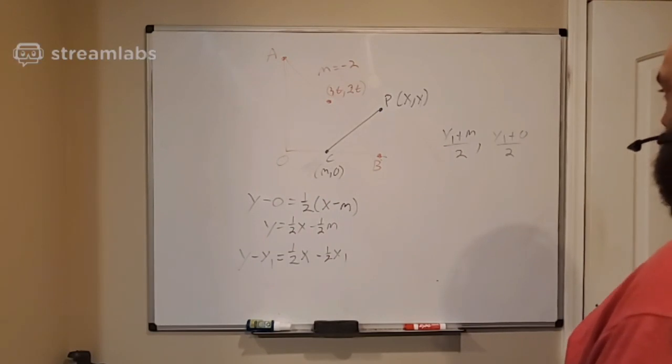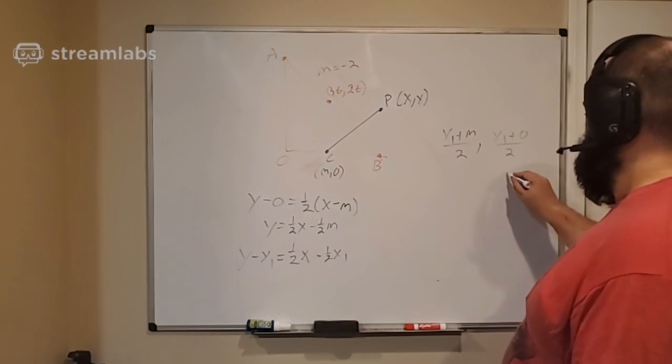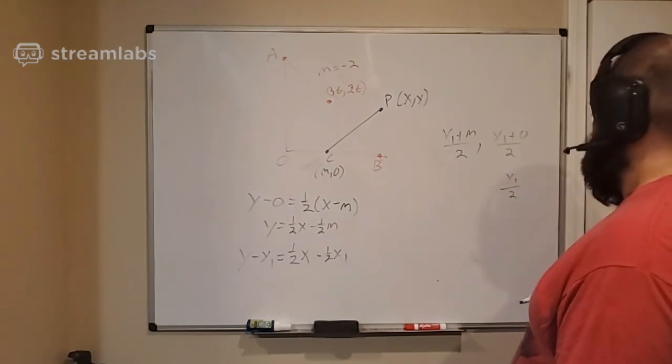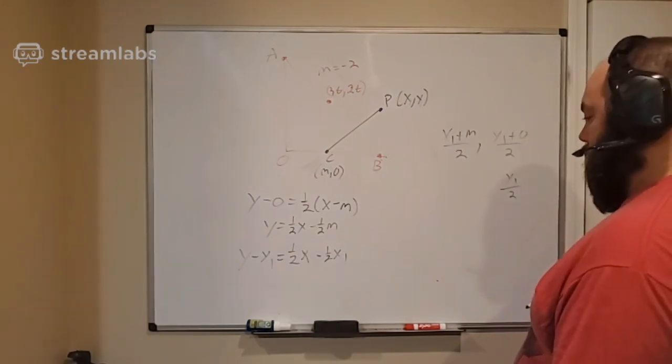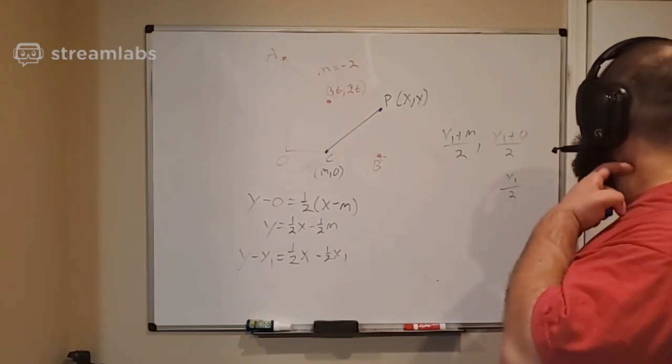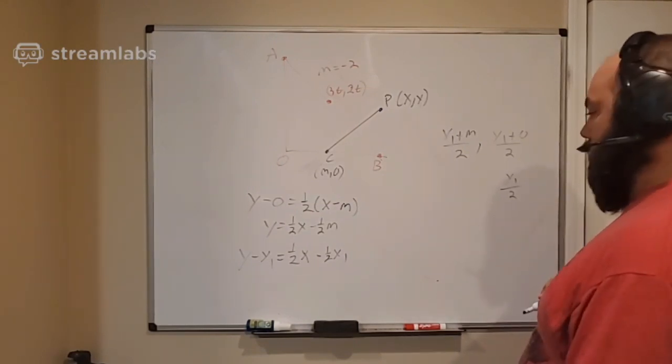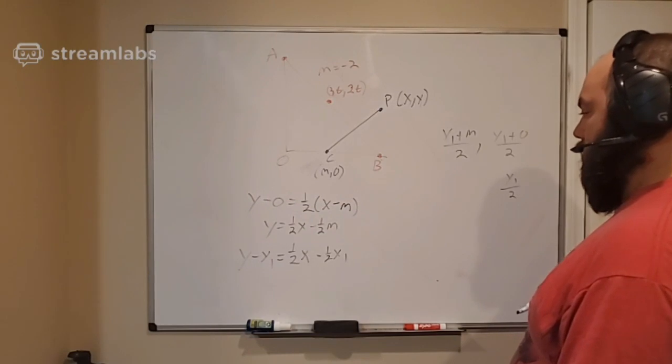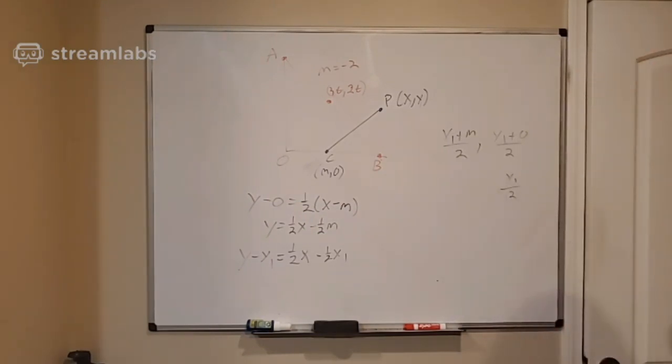Okay, so that's just y1 over 2. Oh, this is not going to be fun, is it? I wonder if there's an easier way of doing this.